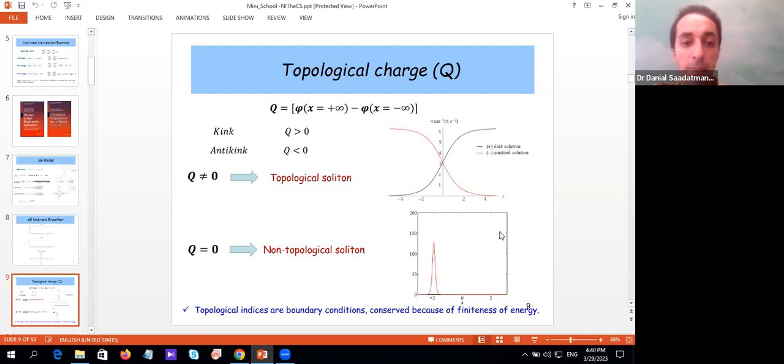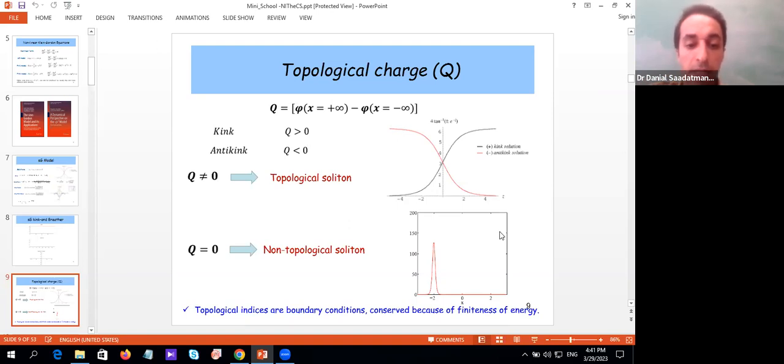If we subtract these two values, for the kink we have a positive value, and for the anti-kink we have a negative value. If the topological charge is not equal to 0, we call the soliton a topological soliton. If it is equal to 0, we call it a non-topological soliton.